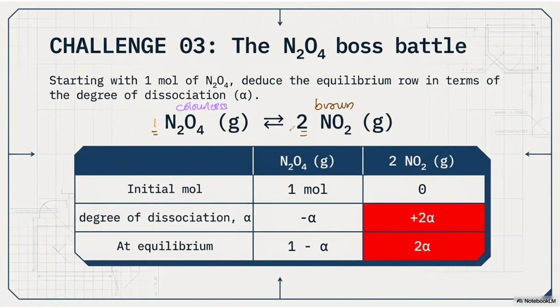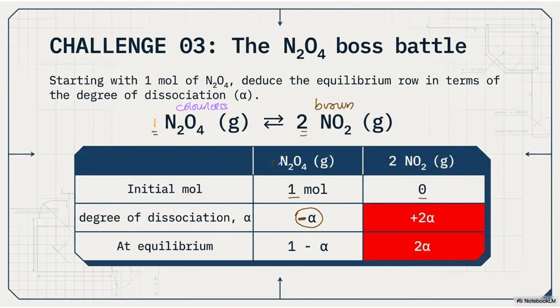Let's say initially you have 1 mole of N2O4, while the product NO2 is 0. If this much amount of N2O4 dissociates, since N2O4 is the reactant, it will decrease with time. That is why we put minus. How much NO2 will form?